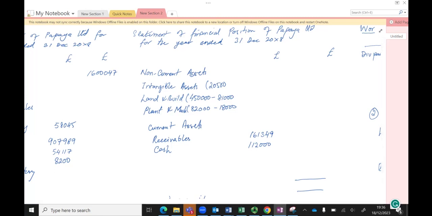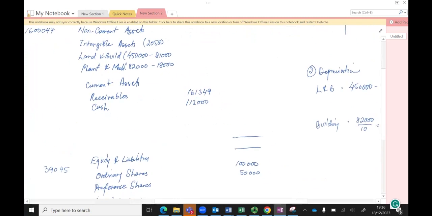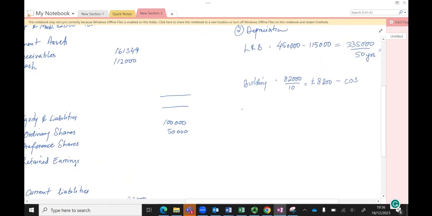So that means there is an impairment. Number 3, impairment. 20,500, take away 12,000, and the impairment is £8,500. That should be charged to administration expense.